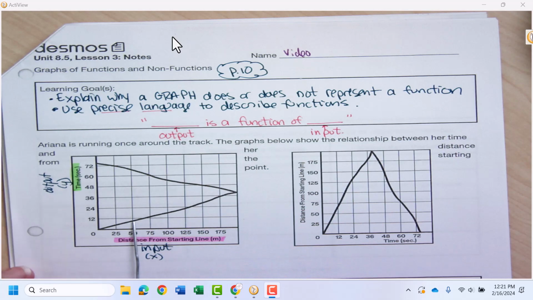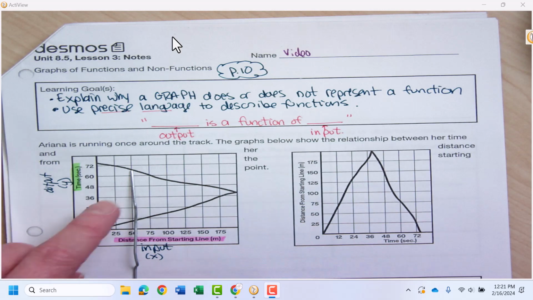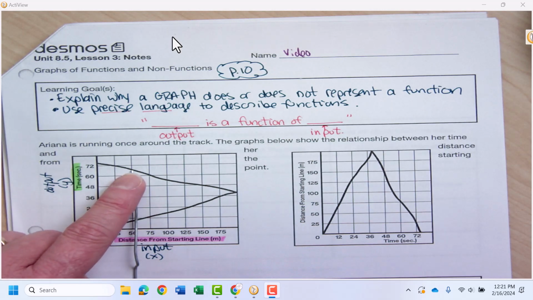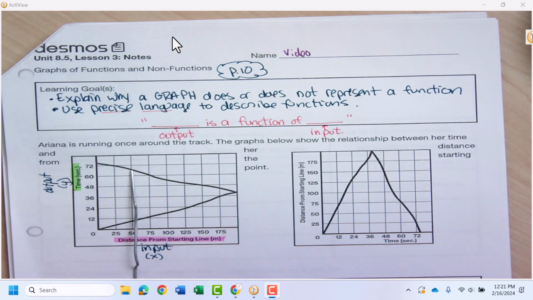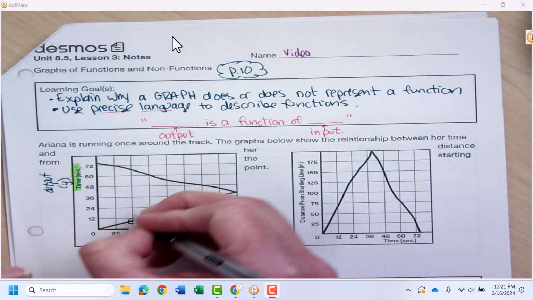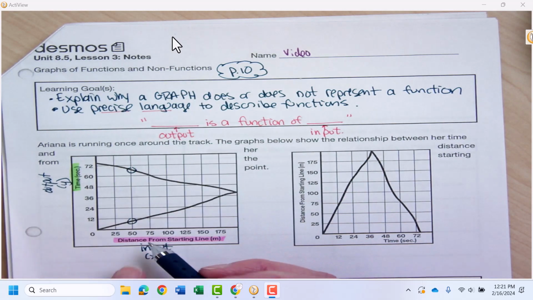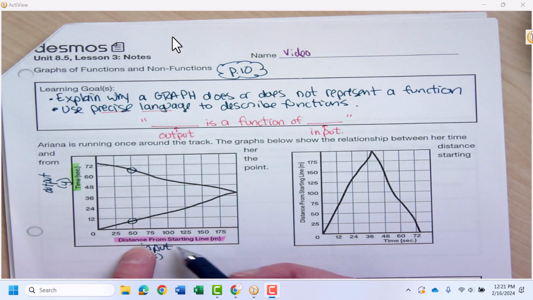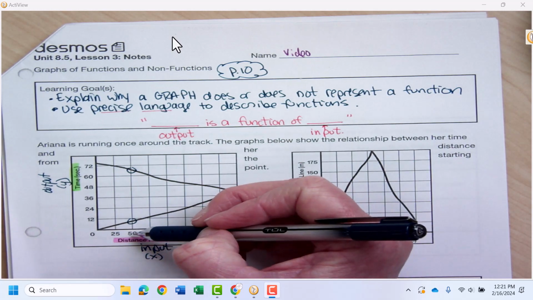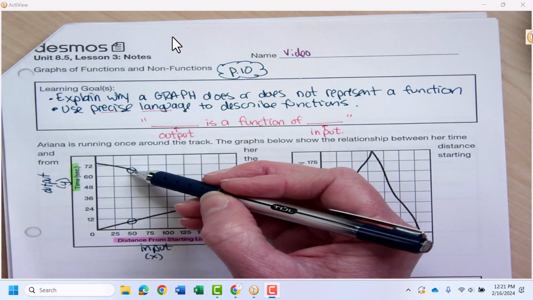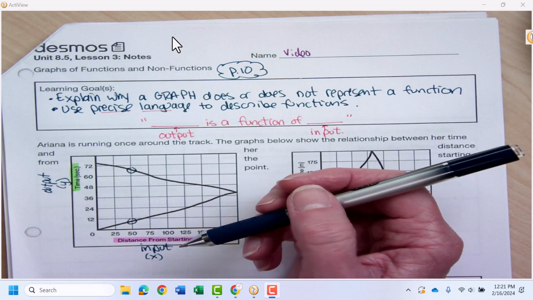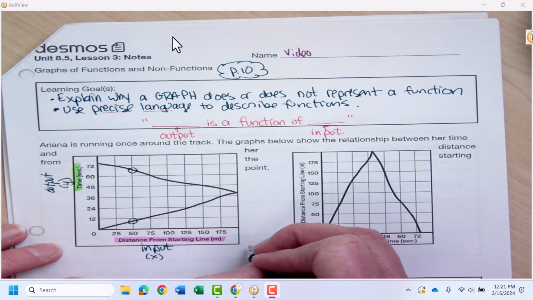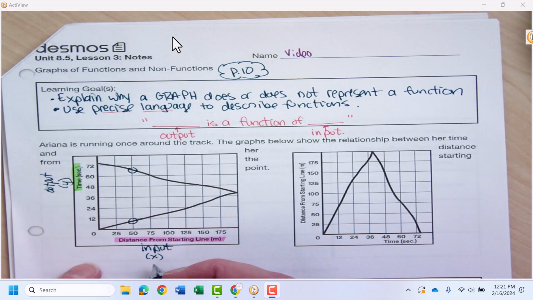And then she runs around the track, and there's a second time that she's 50 meters away. Up here, it looks like about 70. So there's 2 different times when her location is 50 meters from the starting line. And what that means is that this input has 2 different outputs. So this one's not a function. We'll write what that should look like in just a moment.